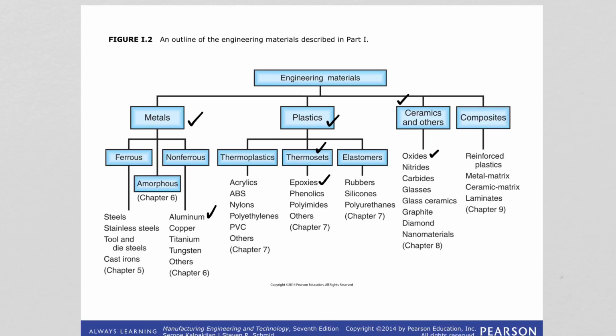So metals can be ferrous or non-ferrous in general. Ferrous are the metals that have iron as the common element, like steel, stainless steels, etc. And non-ferrous ones don't have the iron element, like aluminum, copper, titanium. Plastics are separated into three groups: thermoplastics, thermosets, and elastomers, all showing different characteristics, and all are manufactured in different ways, right?